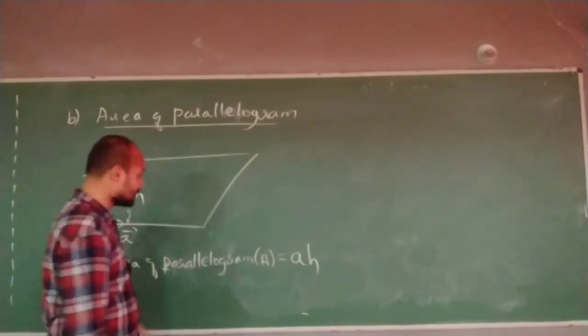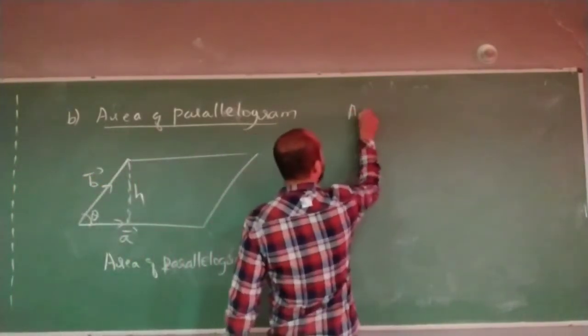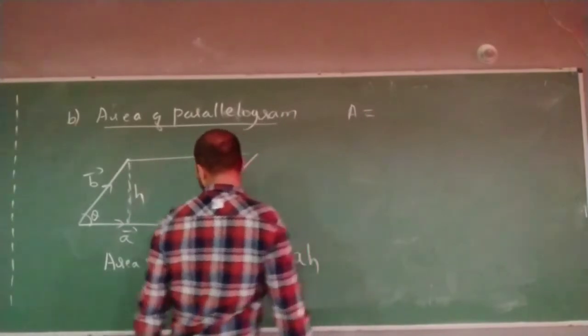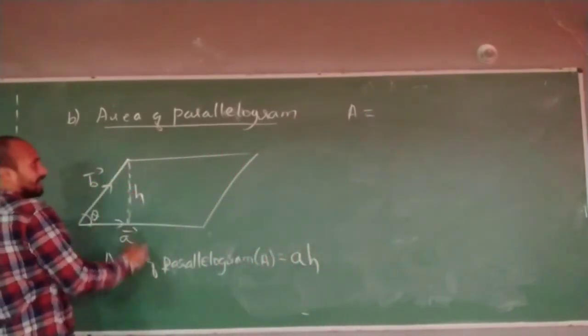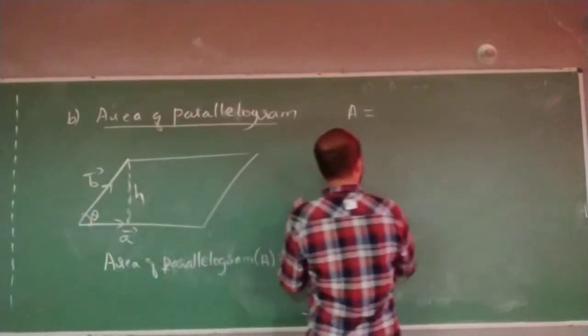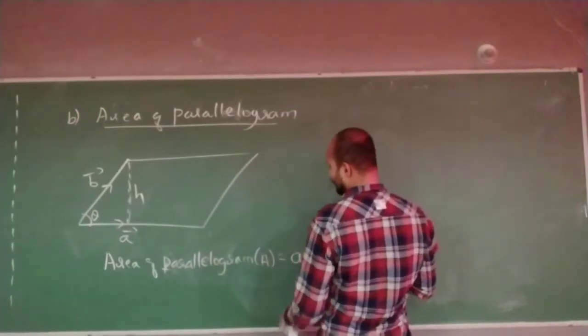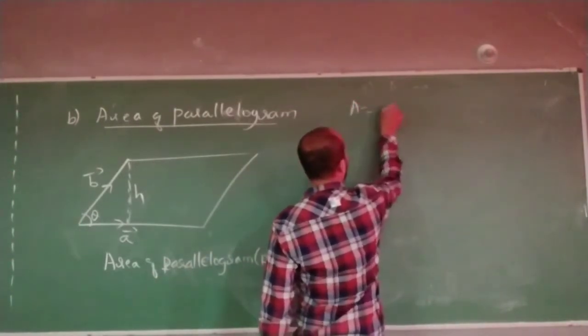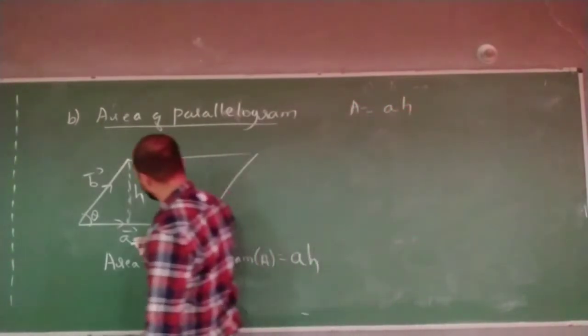Correct now? So if I want to write the area of the parallelogram from this triangle, see here. From this triangle, A into H is given. A is equal to small a into H, magnitude of this.